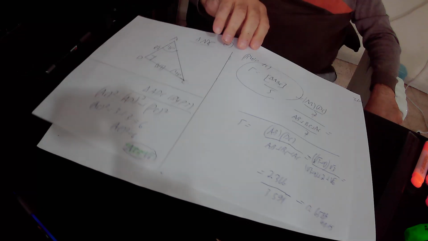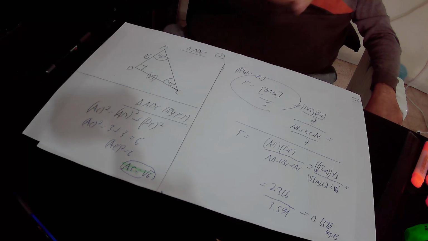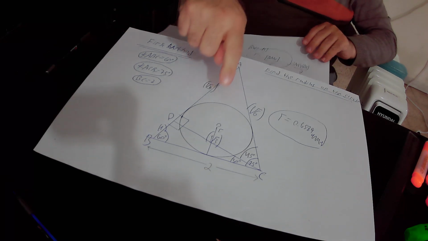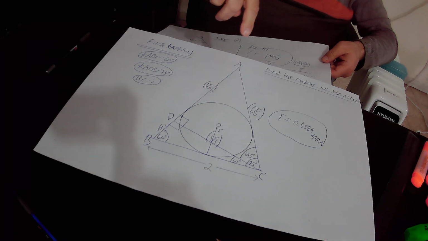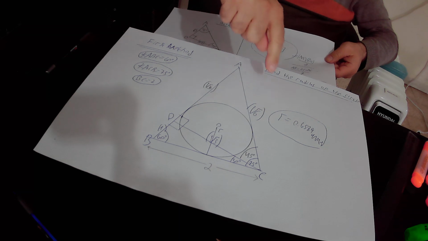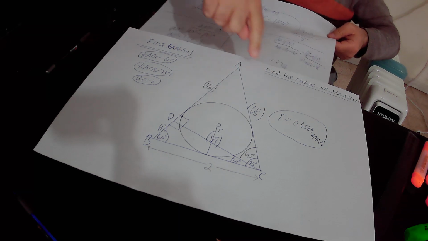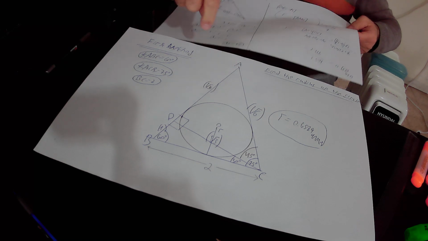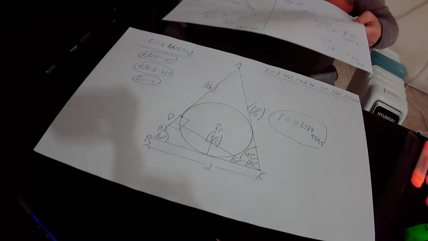So, according to rule number 15, the radius R of this circle inscribed by triangle ABC will be equal to the area of triangle ABC over the semi-perimeter of this triangle.